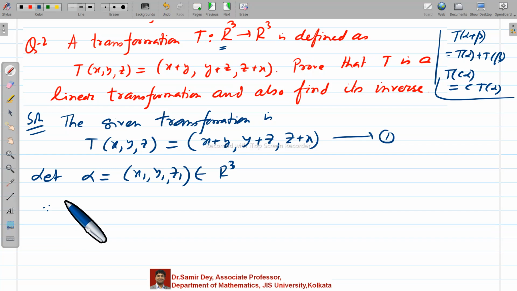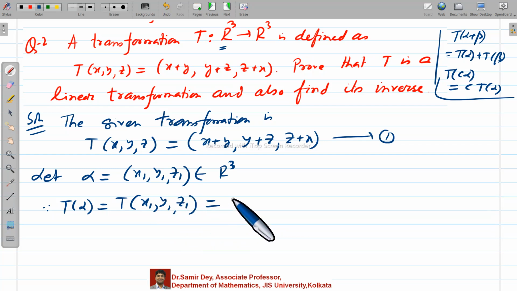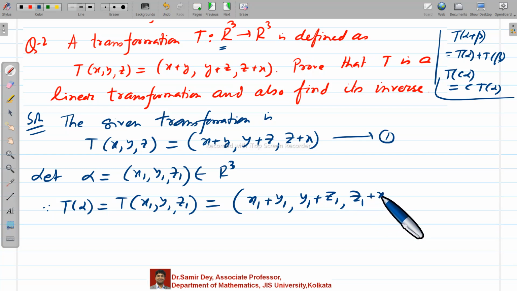So therefore T alpha is equal to T of x1, y1, z1 is equal to x1 plus y1, y1 plus z1, z1 plus x1. This is equation number 2. Clear? Same process.